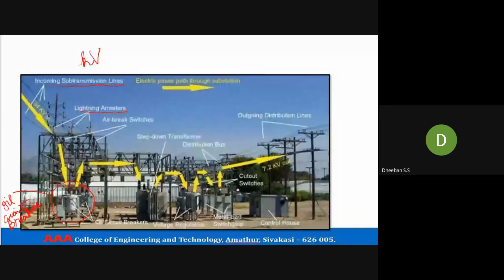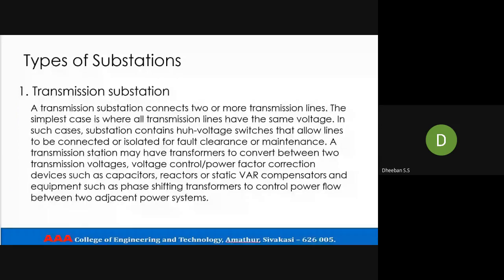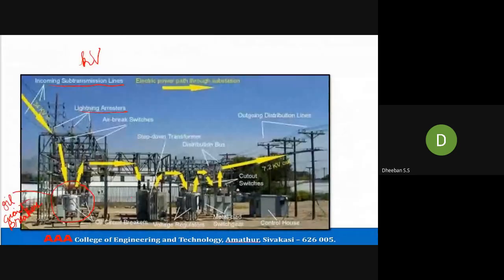After that, this is the transformer. In the transformer, this 34 kV will be stepped down to 11 kV. After this, the voltage which has just been stepped down has to be regulated using the voltage regulators.